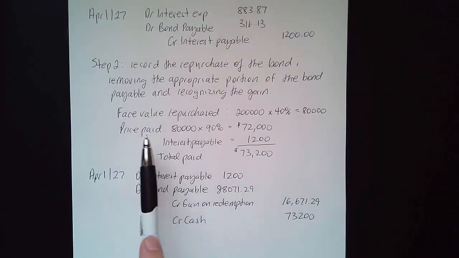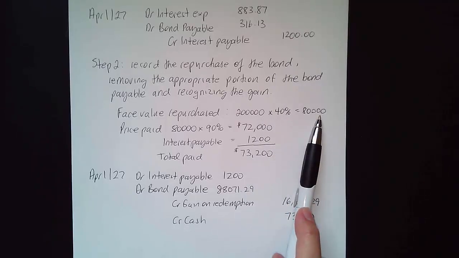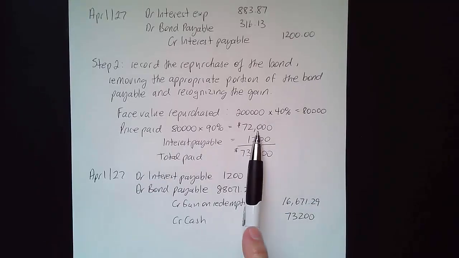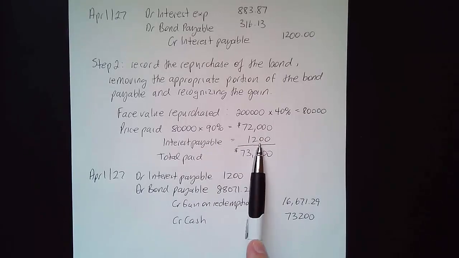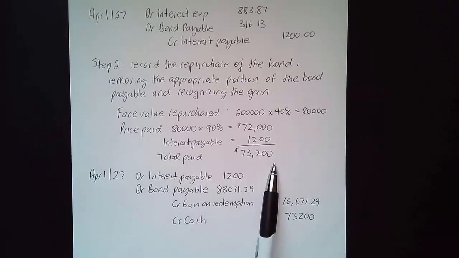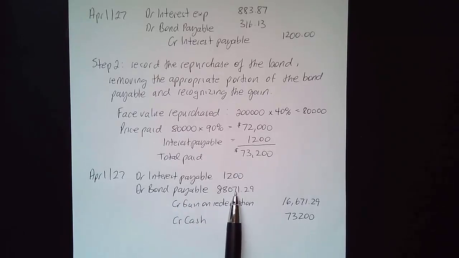Step number 2 is to recognize which portion of the face value will disappear, what is the amount that we will pay to make it disappear, add in the interest payable that we owe to the bondholders, calculate the total price, and then do the entry. Eliminate the interest payable, recognize the cash, get rid of the bond payable that's going to disappear, and the difference in this case is equal to a gain on redemption.